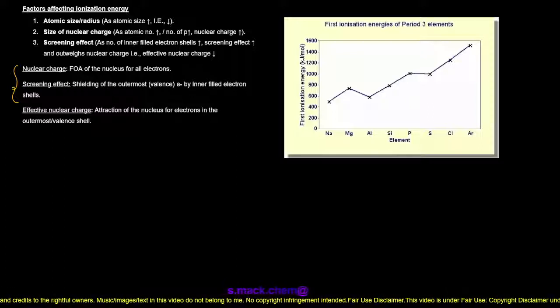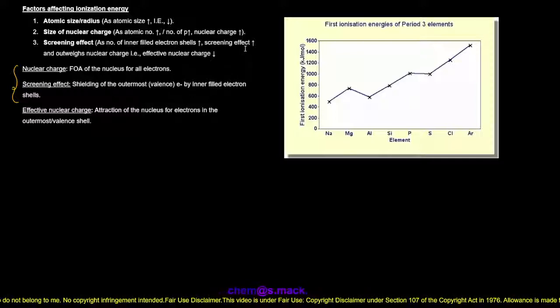If we have a greater number of inner-filled electron shells, and I'm reading from screening effect here, as the number of inner-filled electron shells increases, that screening effect is going to increase, right?